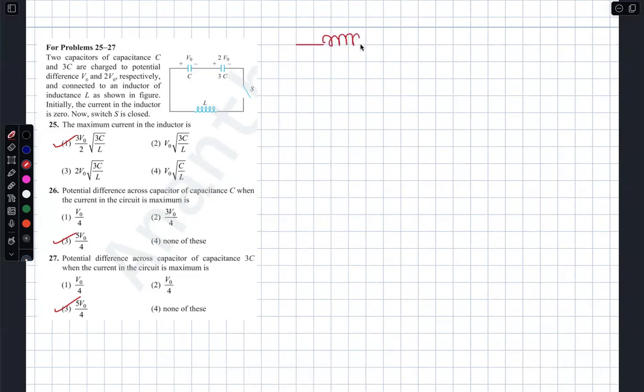When the inductor, with thumb rules please. When the current through the inductor is maximum, the thumb rule is potential drop across the ends will be 0.